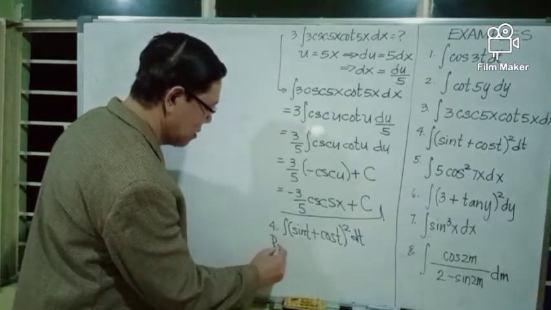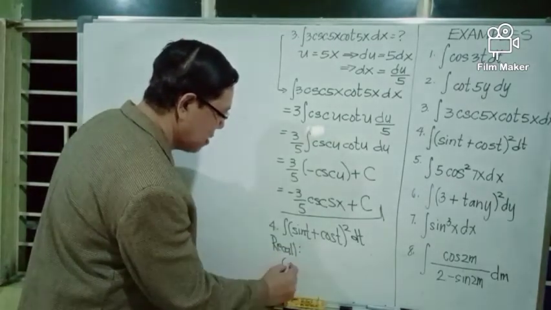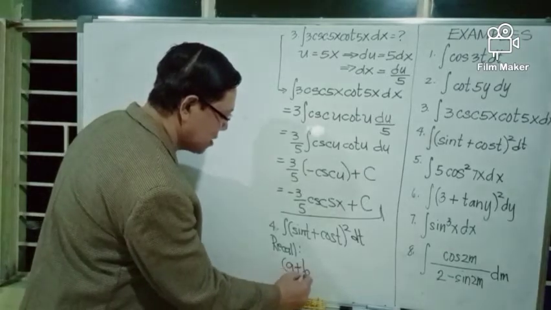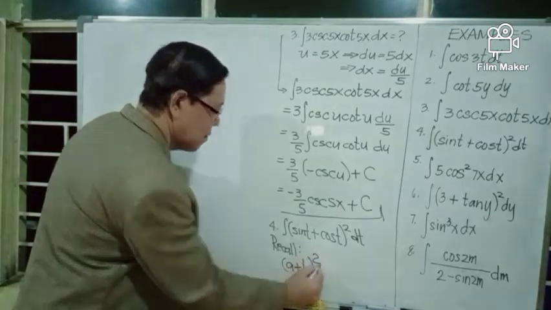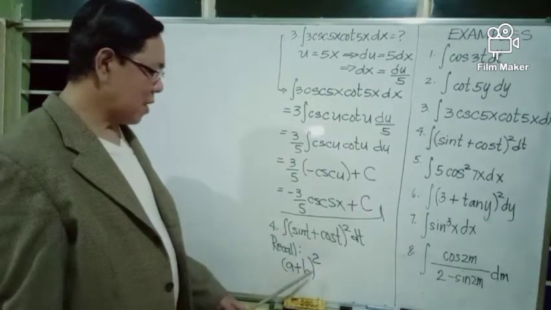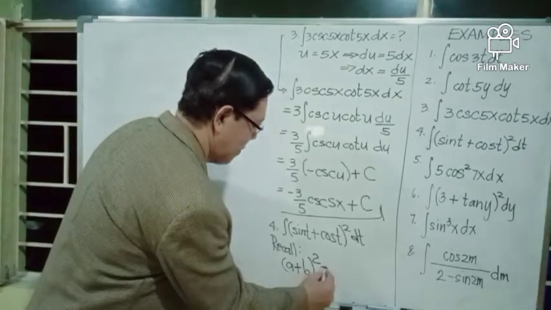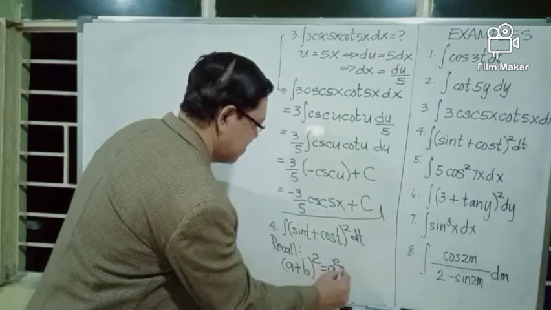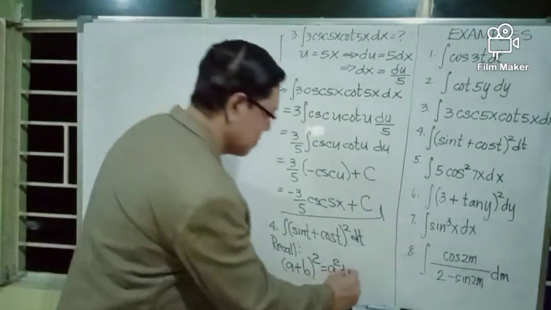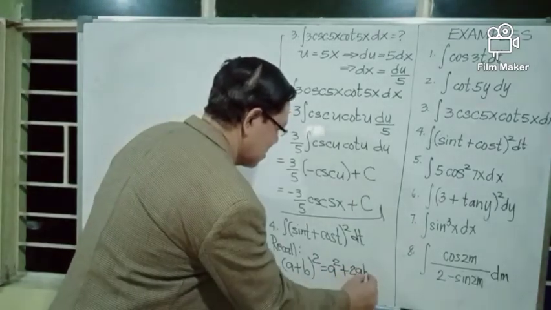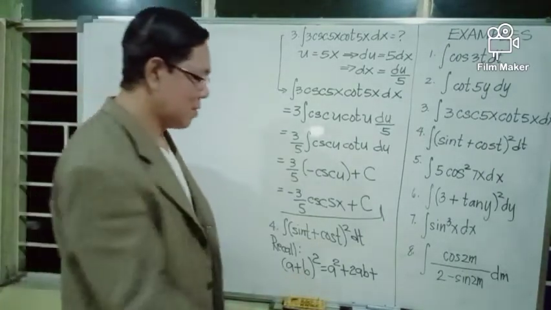We write, from your algebra, the square of a sum, or the square of a binomial, is equal to the square of the first term plus twice the product of the two terms plus the square of the second term.